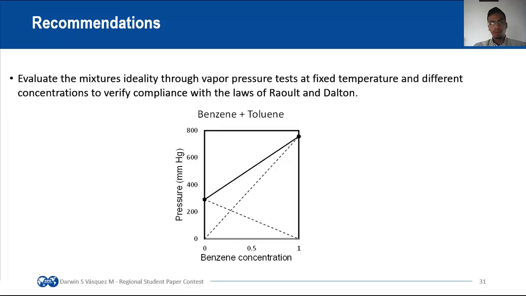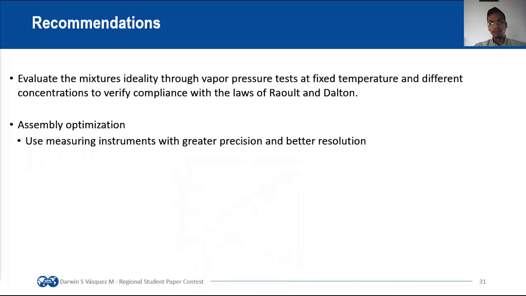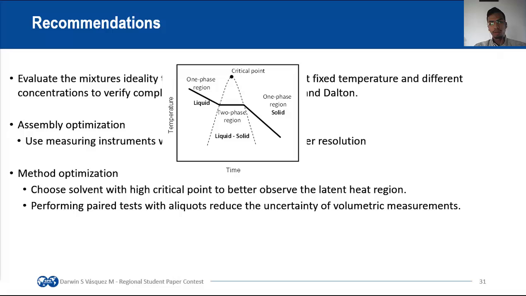For recommendations, I consider that one should evaluate the mixture ideality through vapor pressure tests at fixed temperature and different concentrations to verify the compliance with the laws of Raoult and Dalton. For the assembly, use a measuring instrument with better precision and resolution.